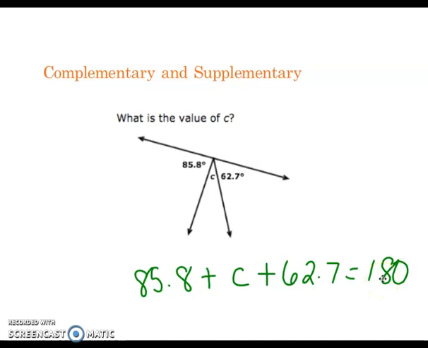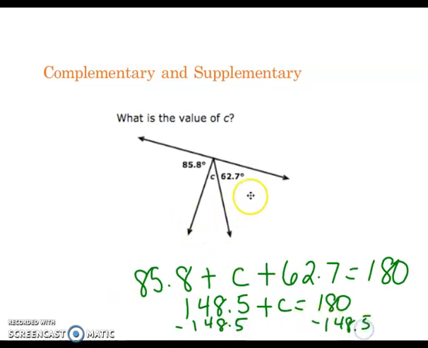We combine our like terms, 85 and 8/10 and 62 and 7/10, and we get 148 and 5/10 plus C has to equal 180. So we subtract 148 and 5/10 from 180, and we find out that C equals 31 and 5/10, this missing angle.